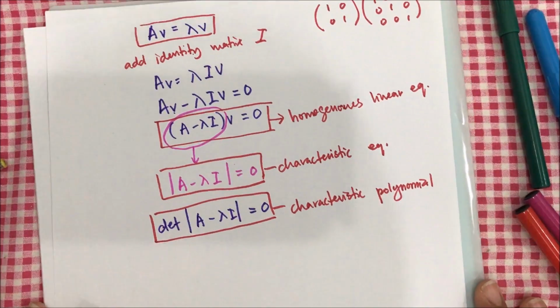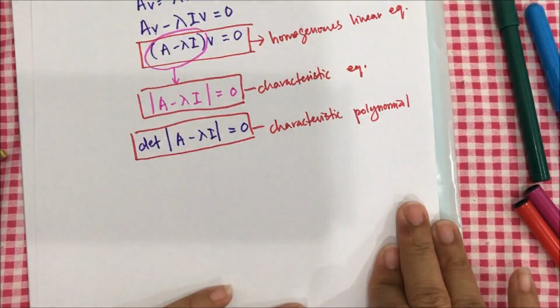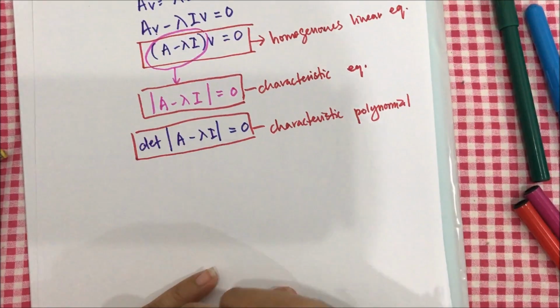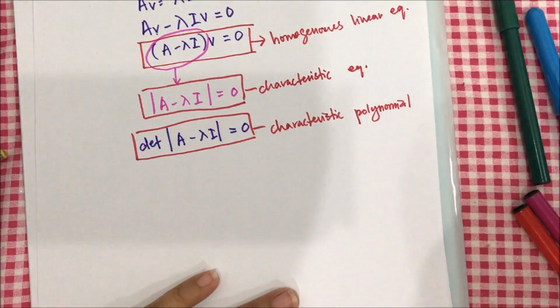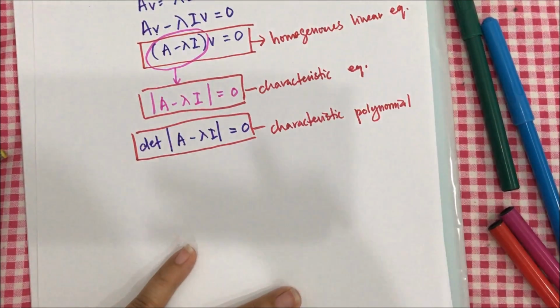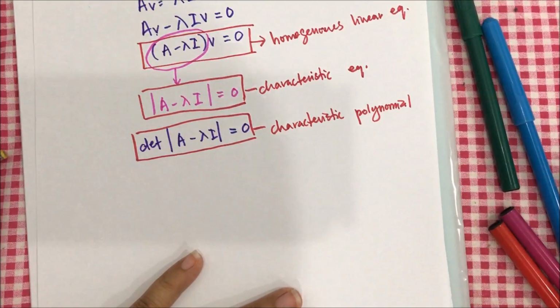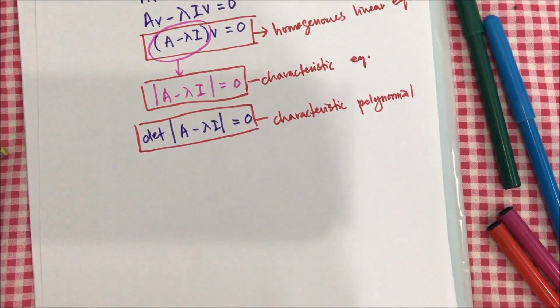Just now I already told you that one eigenvalue may have many eigenvectors. It really depends. Maybe now we try to do an example.